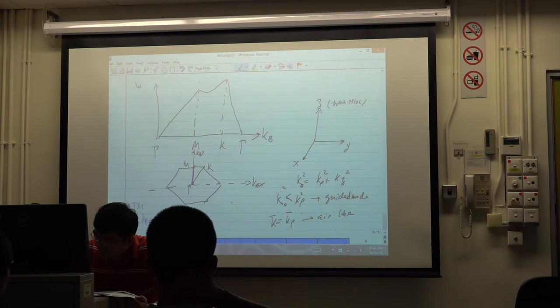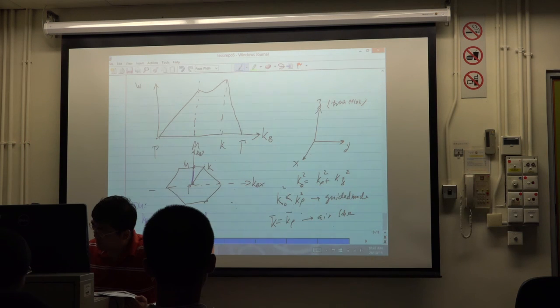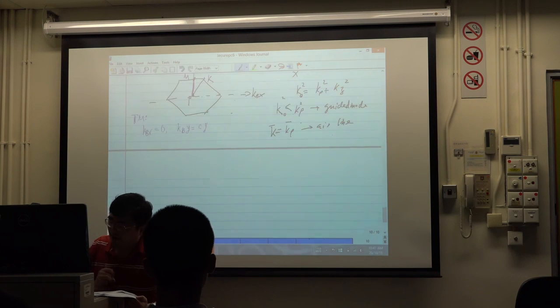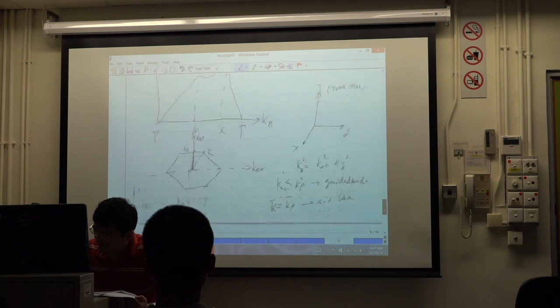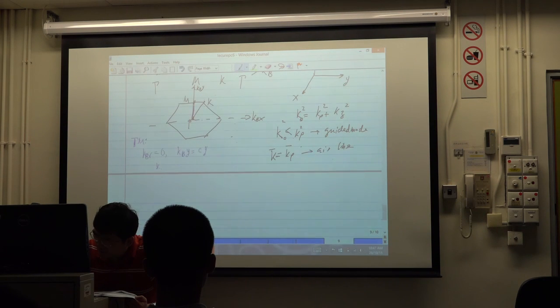I give you 2 examples to understand. For Gamma M, k Bragg x equals 0, but k Bragg y is some constant. So finally k rho equals k Bragg y, equal to a constant.